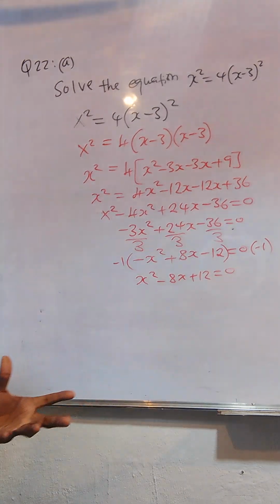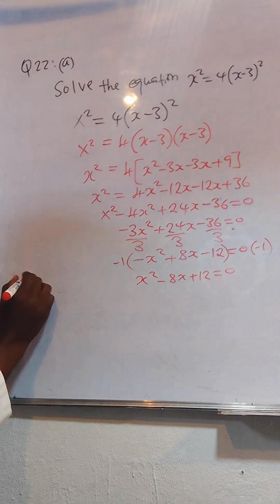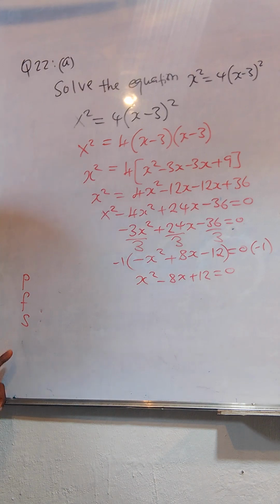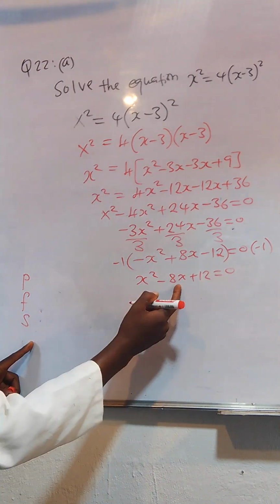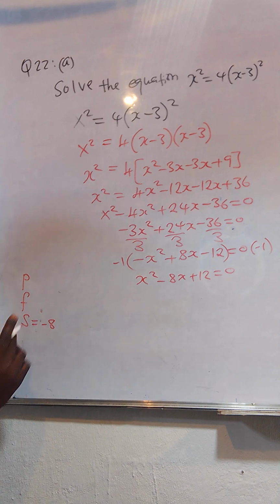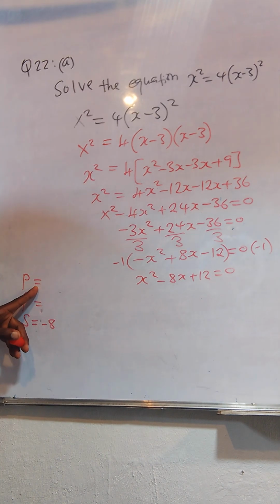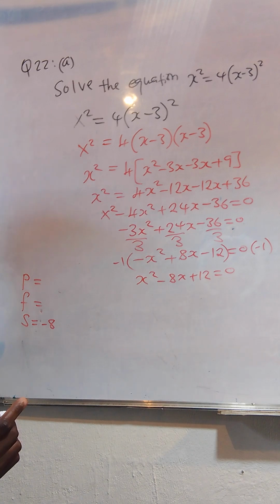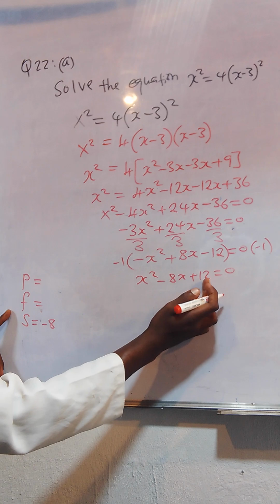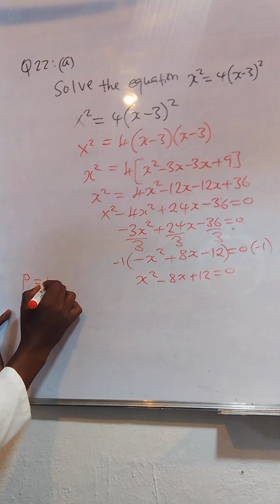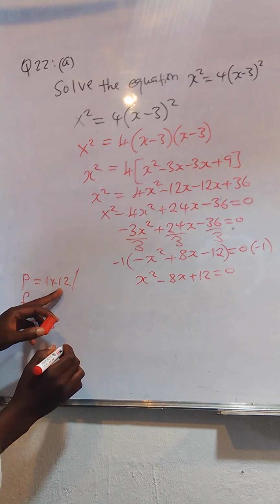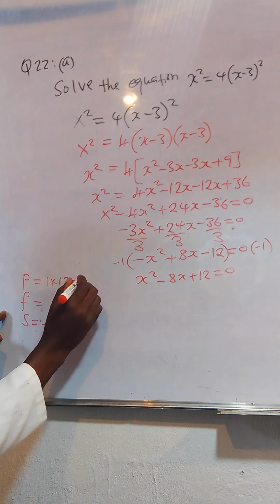Now, once you reach this point, you can look for the product, the factors, and the sum. Now we know the sum is negative 8. And the factors come from the product. The product is the coefficient of x squared times the constant c, which is just 1 times 12, and then you look for numbers that can give you 12.